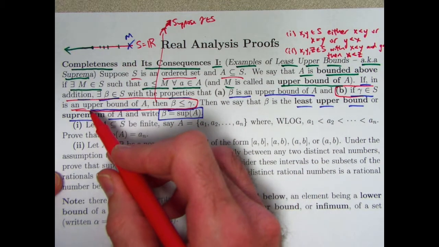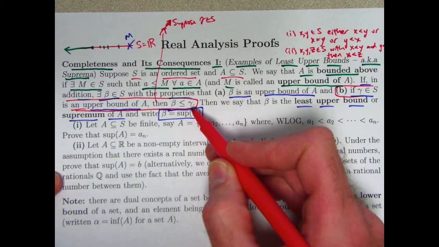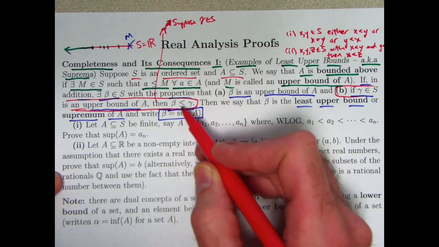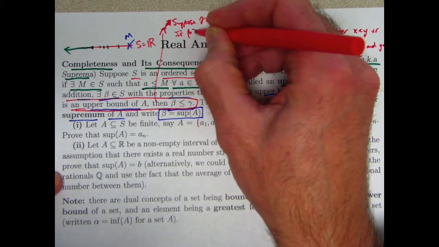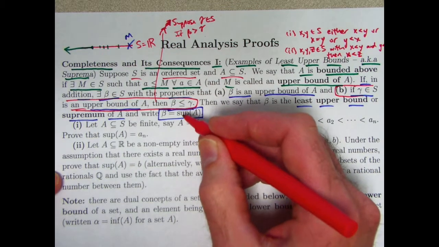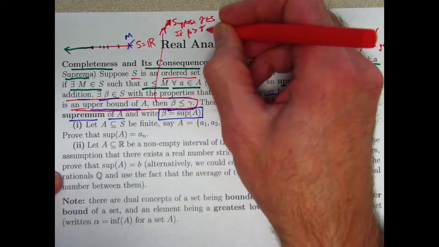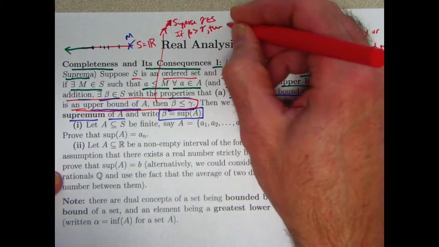What's left is: if gamma is an upper bound of A, then beta is less than or equal to gamma. The contrapositive would be: if beta is bigger than gamma, the negation of beta being less than or equal to gamma, then gamma is not an upper bound of A.